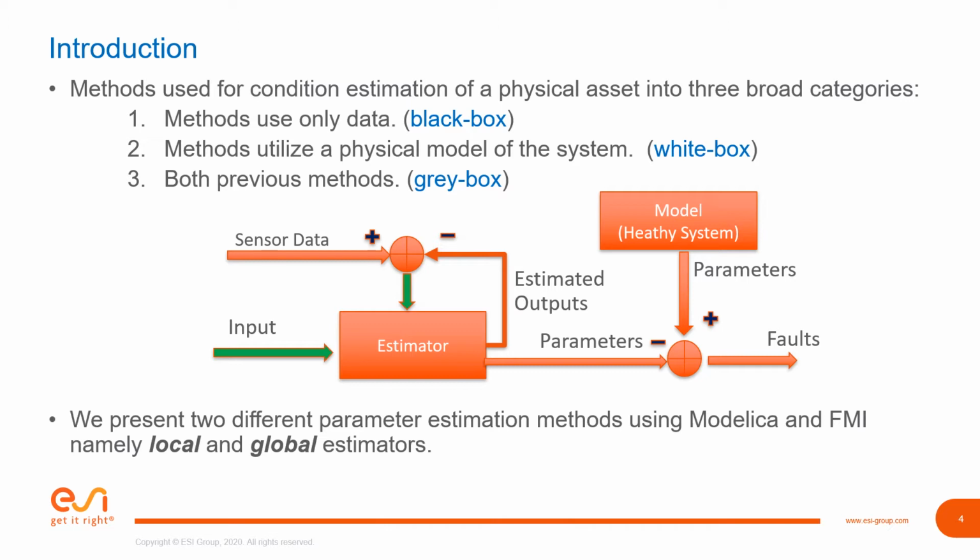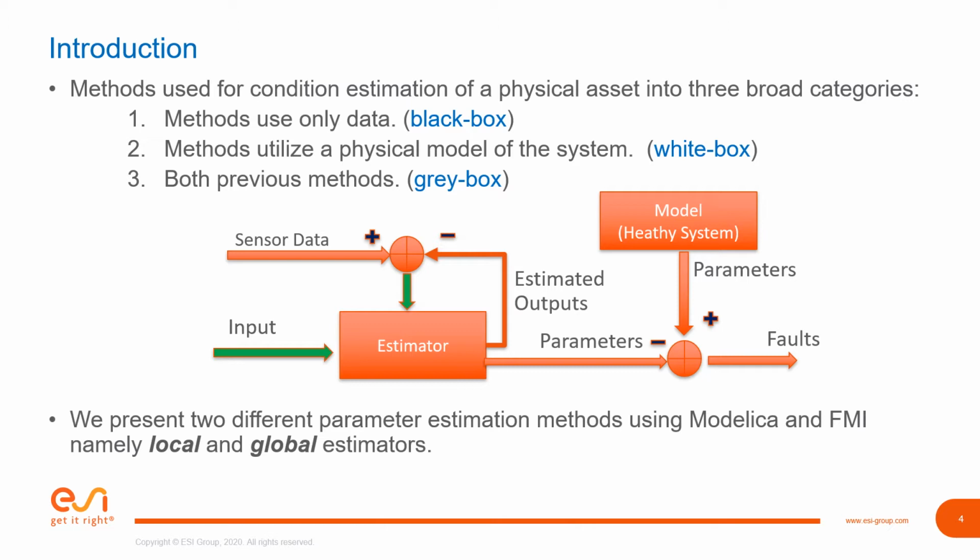This method is good, but if you have historical data. The second category is the model-based method, the white box, which uses the mathematical equation to define if there is fault in the system or not. The combination between both systems is called the hybrid model or the gray box.